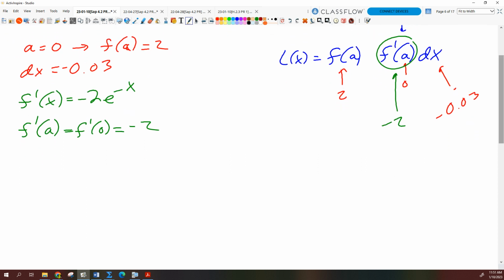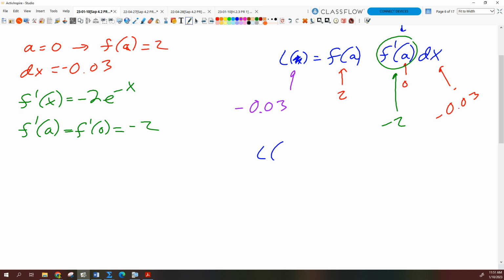Okay, so now we have all the ingredients. Let's do our calculation. So L of x, or really what we're calculating here, I shouldn't even put an x there, should I? That might be confusing. That value we were plugging in was negative 0.03 in this case, right? Okay. So what is this all equal to?